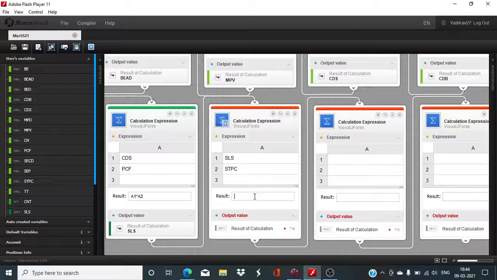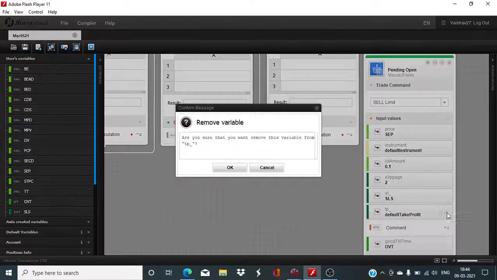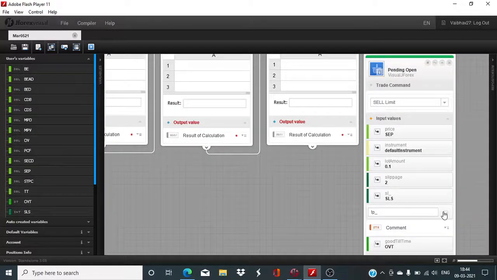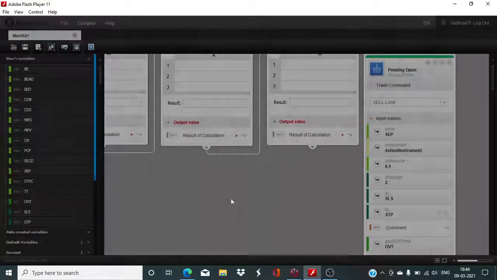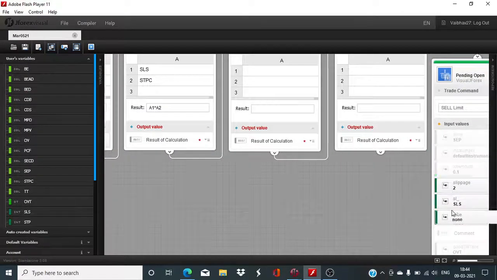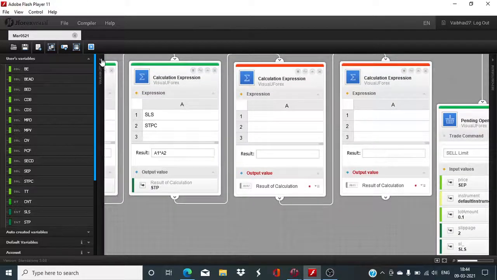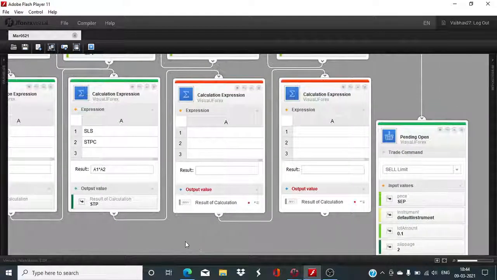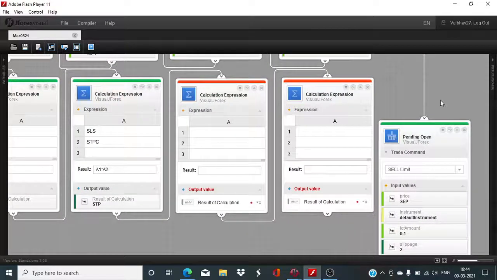And this will be a1 into a2, and the result of the calculation is going to be a new variable named STP. Right, and the same exercise we will now need to do for the buy side.